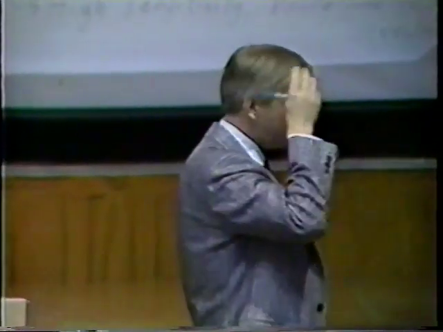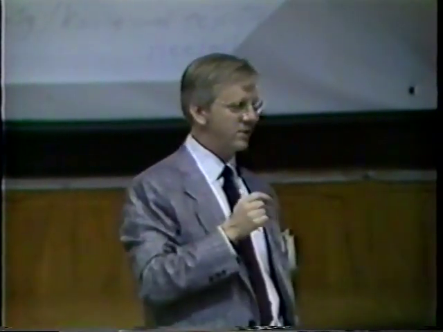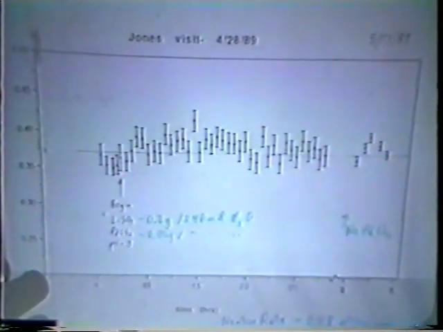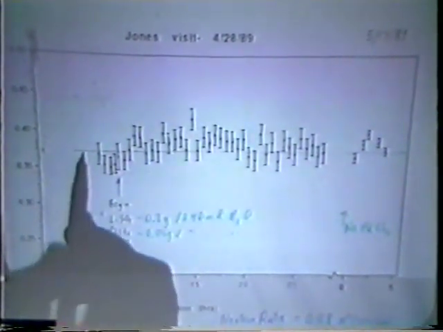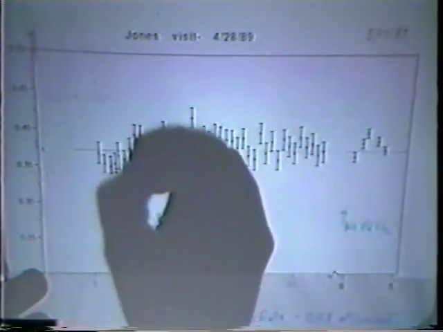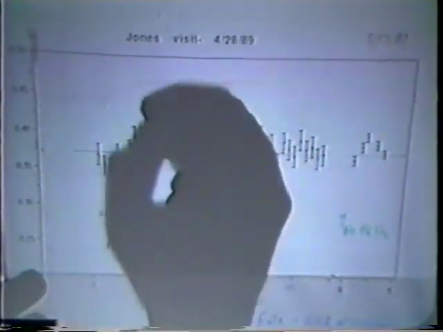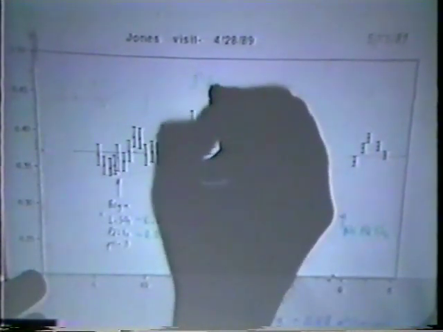Let me say that it led me to an appreciation of the difficulty of trying to measure neutrons at this rate. This is our first effort, on April 28th, and the background level is shown here. This is not much to write home about, folks, but there's probably something there lasting of the order of 8 hours.